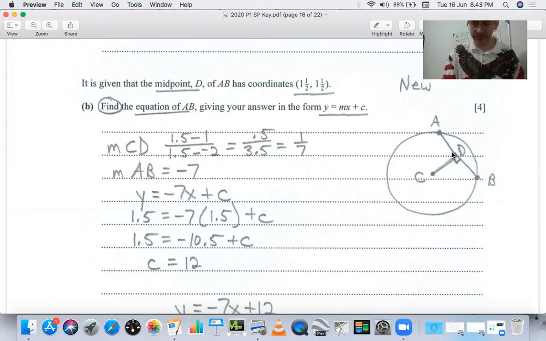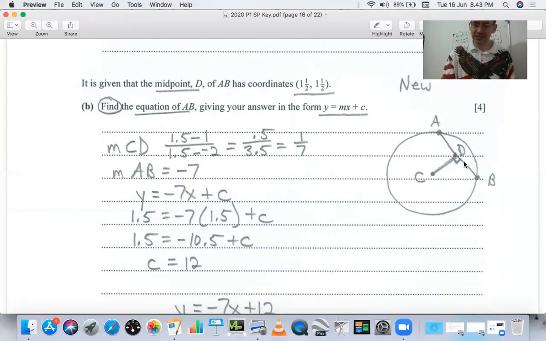D as the midpoint. Now, if D is the midpoint, remember from your geometric properties of circles back in IGCSE material, if you draw a line from the center to the middle of the chord, it will be perpendicular to the chord. Or if your chord is bisected, it also means that it's perpendicular.